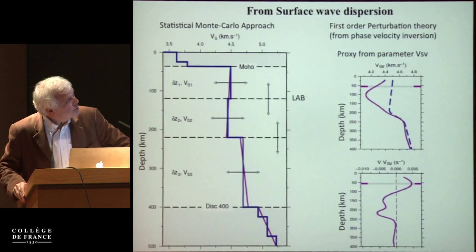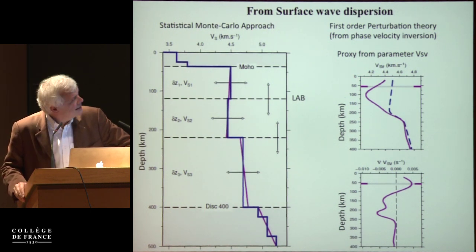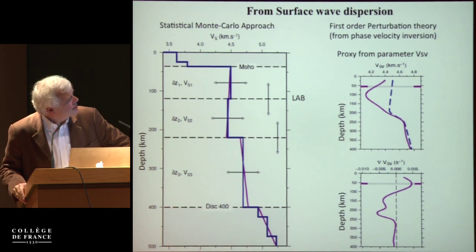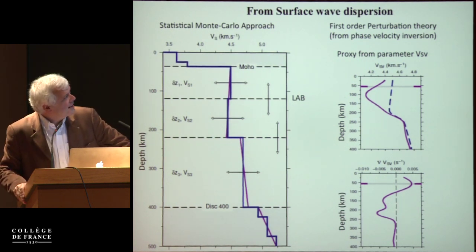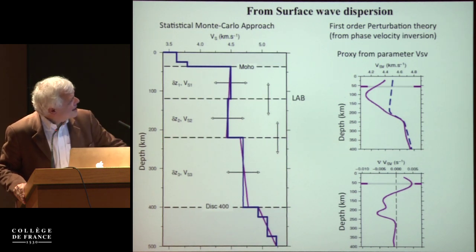So I use two different approaches from surface wave dispersion. First of all, using only S-wave velocity, with students we use a Monte Carlo approach. We have to explore the parameter space, which in this case is composed of the depth of the LAB. We explore the LAB depth and the thickness delta Z1, and we try to see how to explain the seismic wave dispersion.